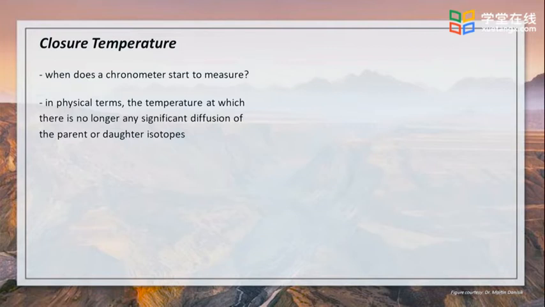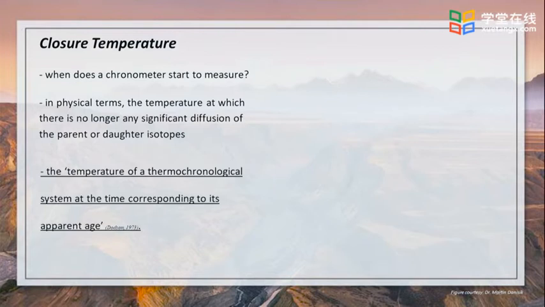The initial mathematical formulation of the concept was presented in a paper by Martin Dodson in 1973, where closure temperature was defined as the temperature of a thermochronological system at the time corresponding to its apparent age. This concept is quite useful, as we can thus relate a mineral age to a temperature in the Earth.